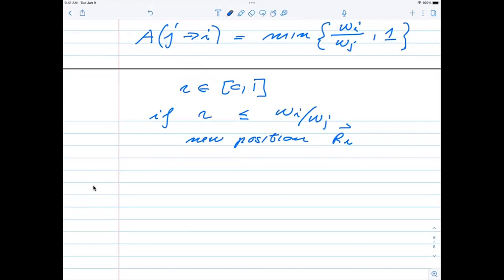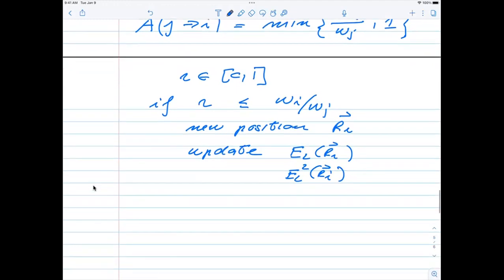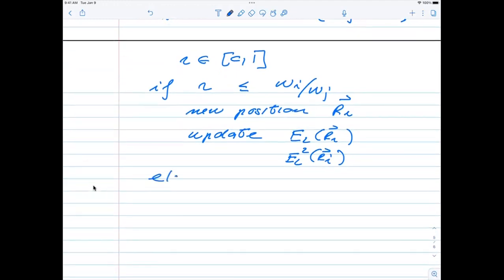We would then update expectation values, and we will also update the wave function. So we would now calculate the local energy. We would also calculate the contribution to the local energy squared in order to be able to calculate the variance and other statistical properties. Else, if this is not the case, we will simply set the new position to the old one, and we would also update the variables here. And then we would simply add to the averages.